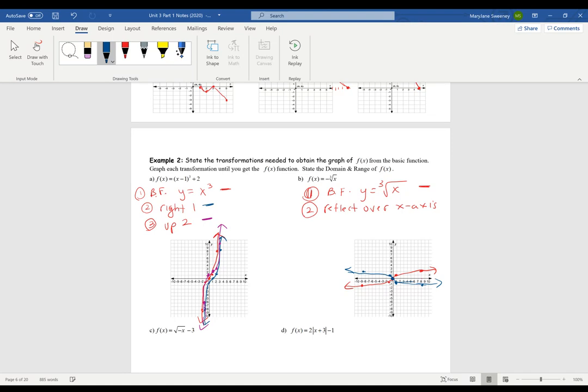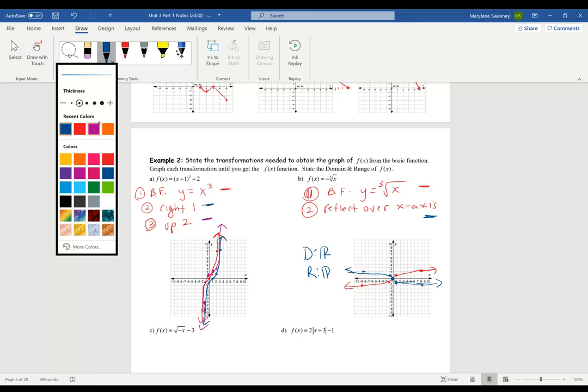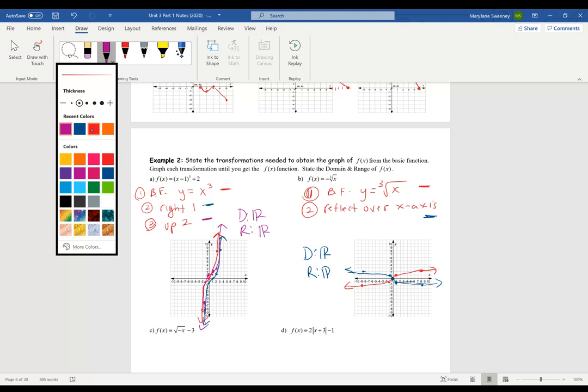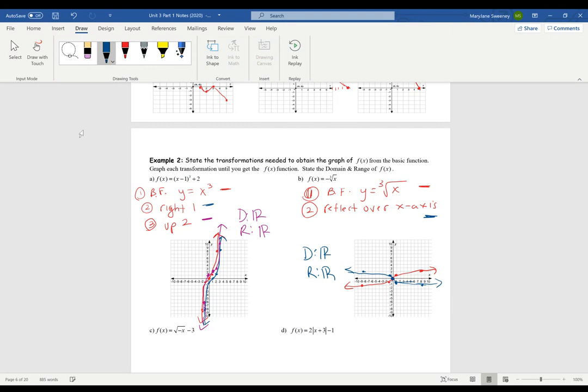Okay, so our final graph, domain, all reals, range, all reals. I'm just realizing I didn't do the domain and range of this first one, but those are basically all reals. So I'm talking about the domain and range of the final graph.